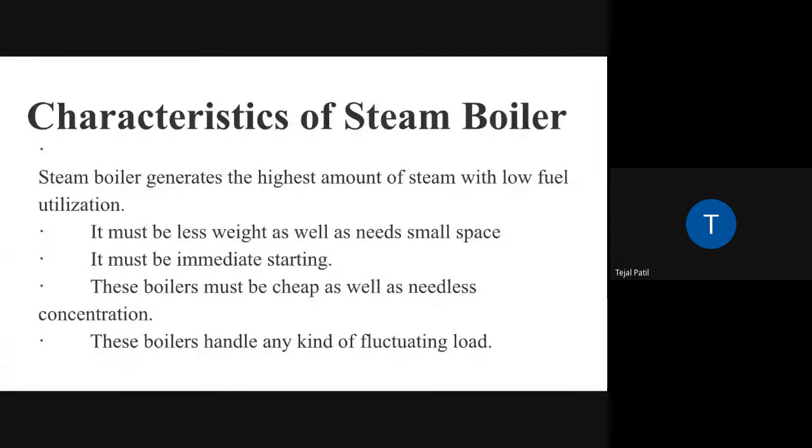If you're talking about commercial areas, mostly more energy is required in the daytime, while in the night time the requirement is less, right? So accordingly, the boiler should be suitable for the fluctuating load.